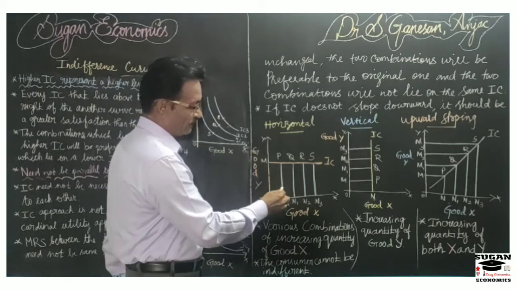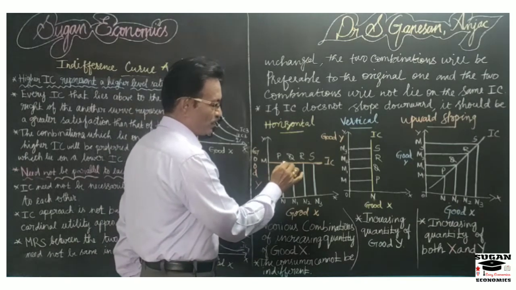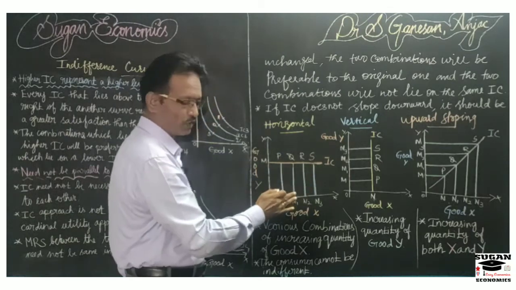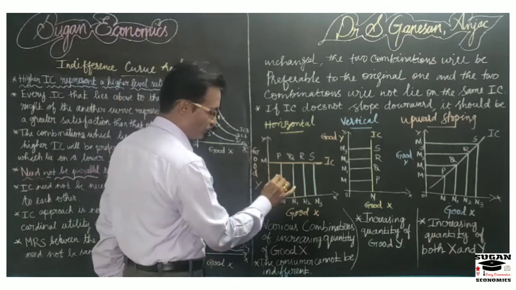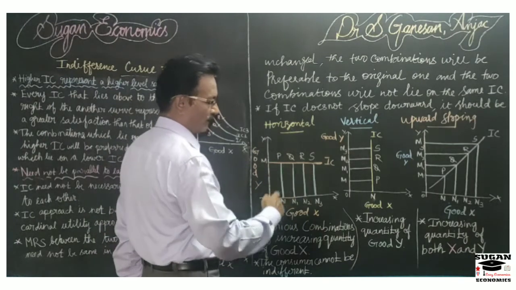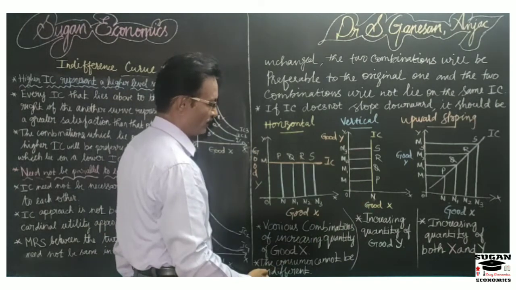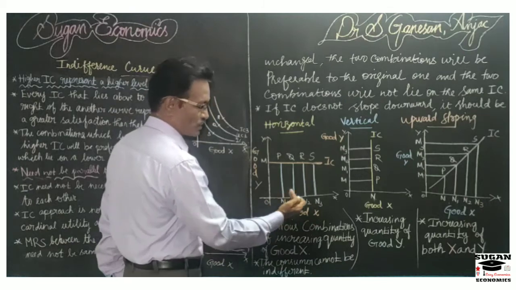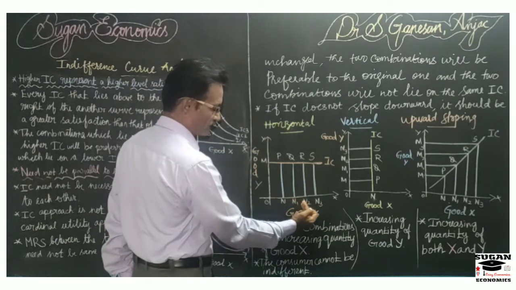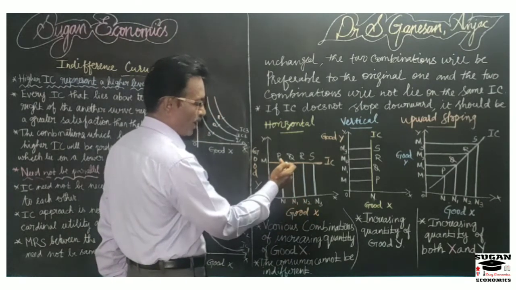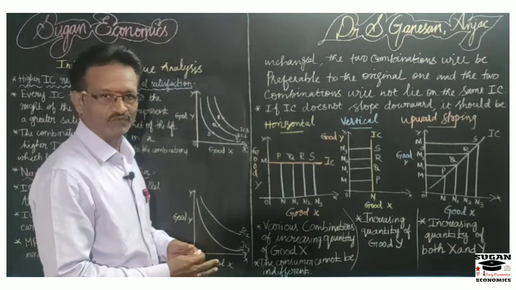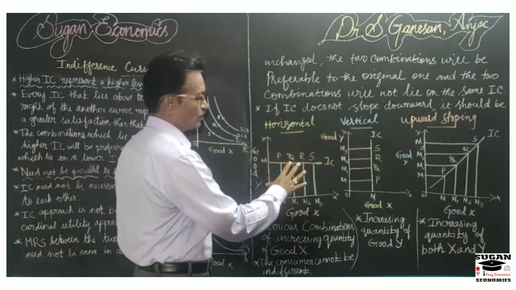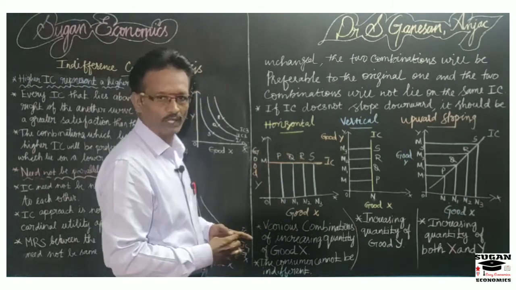But here, if you take the points P, Q, R, S on the same indifference curve, they will not provide the same level of satisfaction. If we move from point P to Q, the level of satisfaction derived by the consumer will increase, because he is consuming more of x commodity when compared to point P. So here the consumer cannot be indifferent. So the indifference curve should not be a horizontal one.